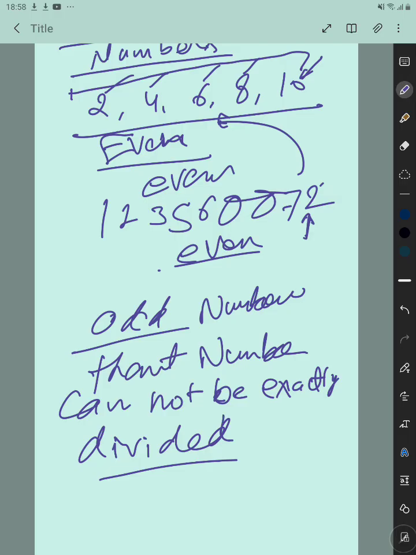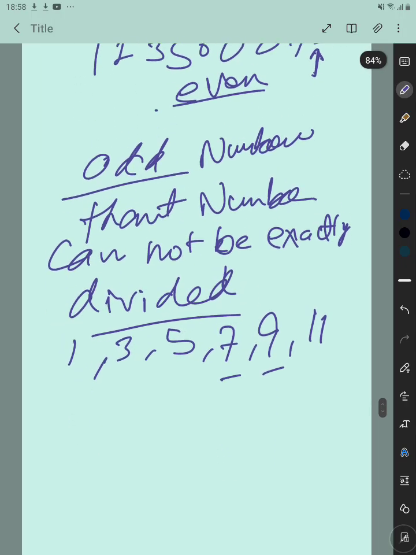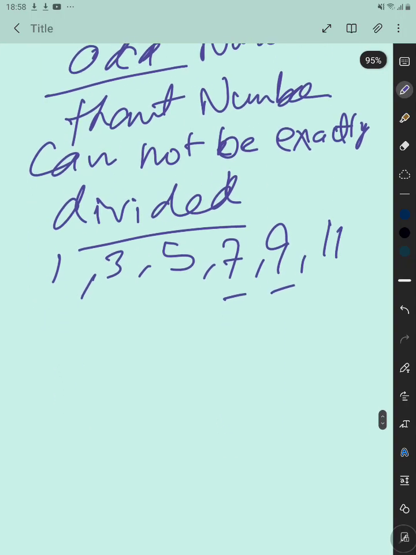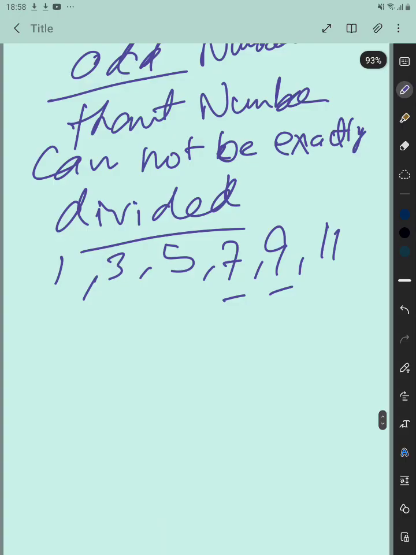If any remainder is coming, it means it is not exactly being divided. So what are the odd numbers? Odd numbers start with 1, then 3, then 5, then 7, then 9, then 11 and so on. These numbers are called the odd numbers.